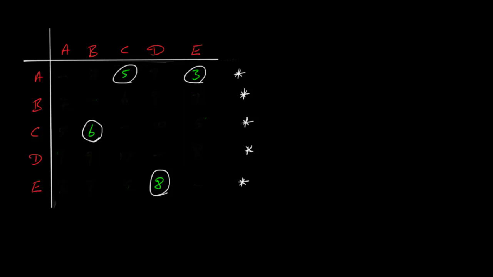So we've got AC, A to C, which is 5. So A to C here, and that's going to be 5. That's this one. We've got A to E, which has a weight of 3. So we're going to do that one. A to E, so let's put E here, and that has a weight of 3.